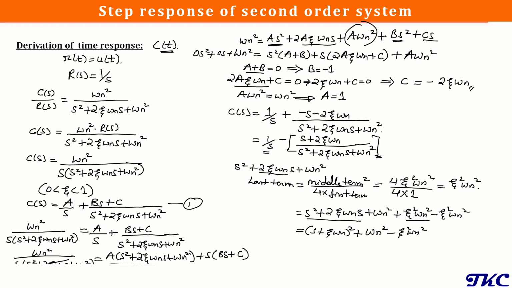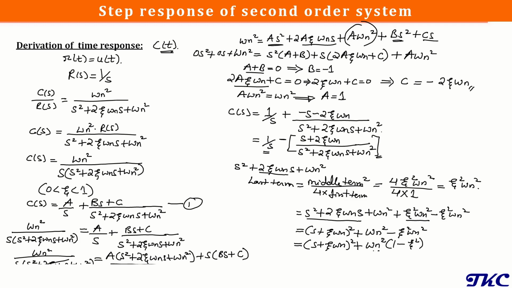So if we open this bracket, we are going to get these values. Now further we can rewrite it as S plus zeta omega n the whole square plus we can take omega n square common here, so omega n square, and in the bracket we will have 1 minus zeta square.